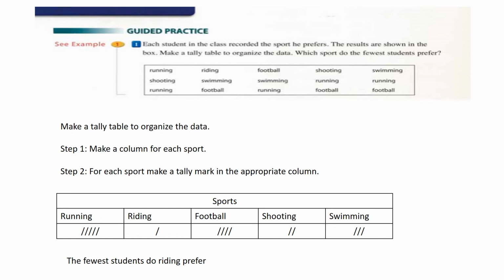As shown, you have sports: running, you have 5, and riding 1. Football, you have 4. Shooting, you have 2, and swimming, you have 3. You have five types of sports, and we wrote the numbers as you see. And it means the result, the fewest students prefer riding.